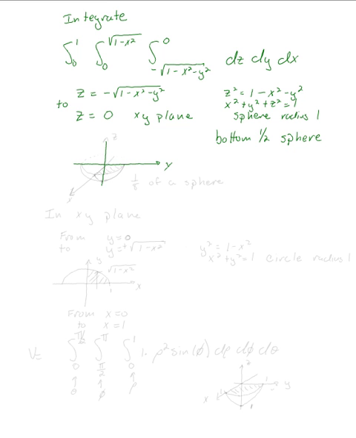So this is y, here's x, and there's z. And so far, I know I am integrating the bottom half of a sphere. Okay, so that's kind of where I am so far, the whole bottom half of that sphere.